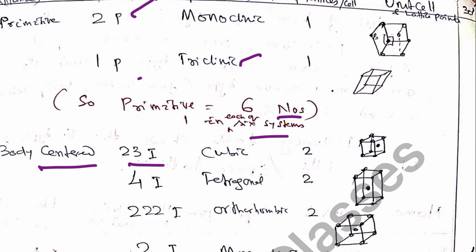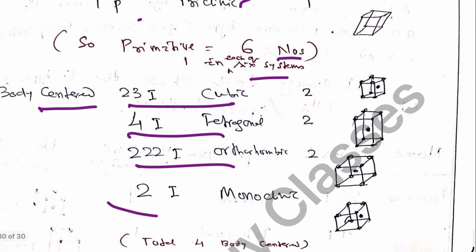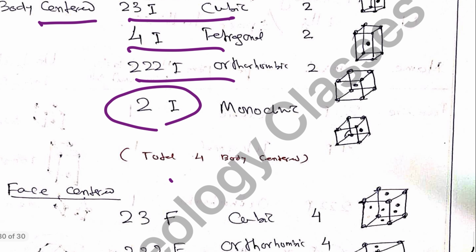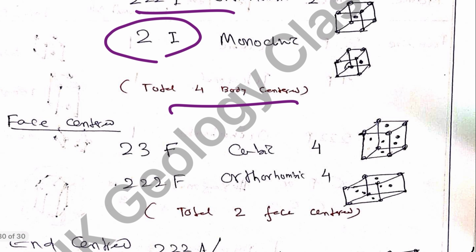In cubic we have one body centered represented by 23i. In tetragonal we have one body centered, it is represented 4i. Orthorhombic it is 222i, and in monoclinic it is 2i. So there are 4 total body centered lattices.